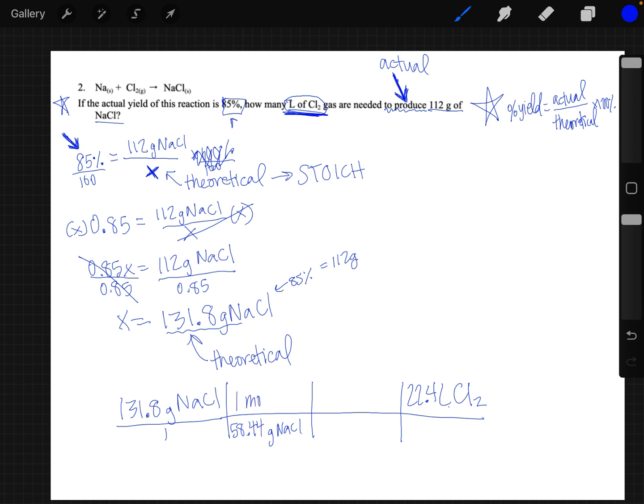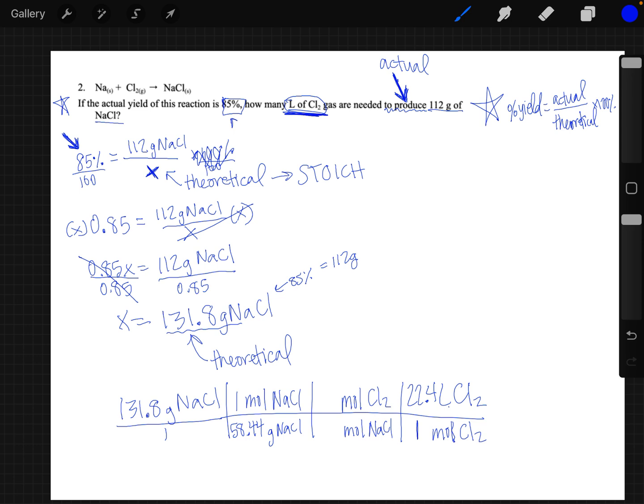I know that that's the molar mass, which means that that number is equal to 1 mole of NaCl. I'm going to go directly diagonal because I said so. Okay. I need to now convert to moles of Cl2. And again, go diagonal. Over here in this fraction, I know that there are 22.4 liters in every 1 mole.